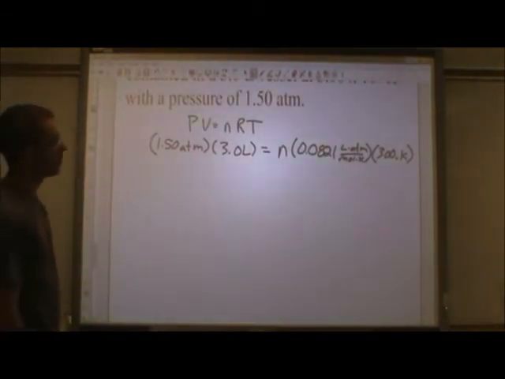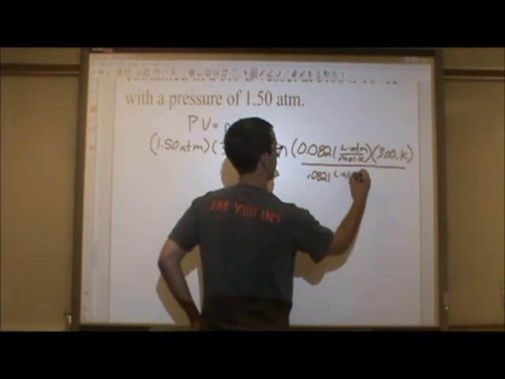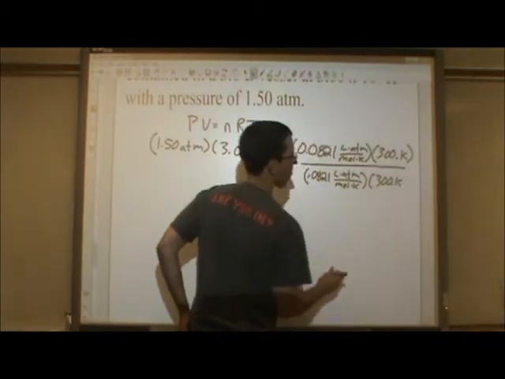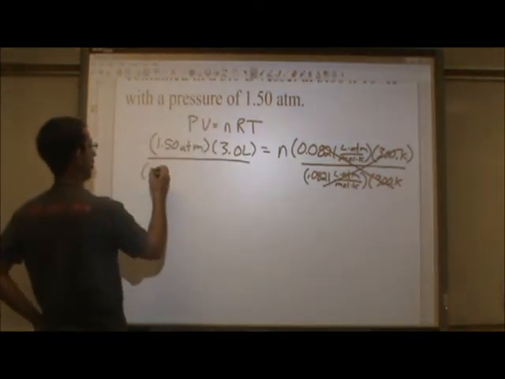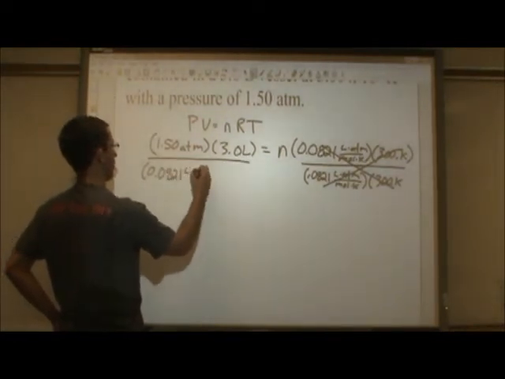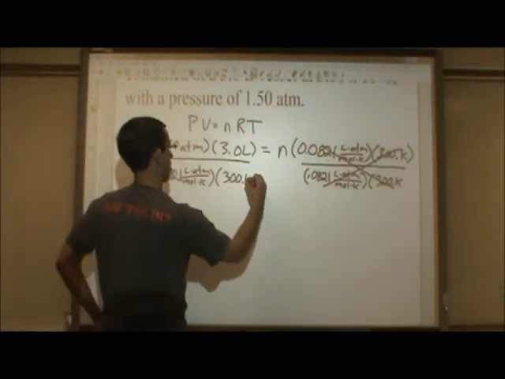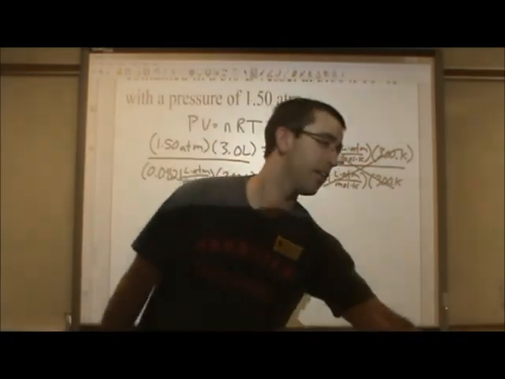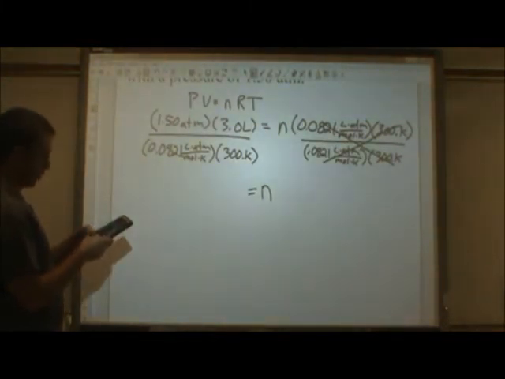Alright, you have to solve for n, so manipulate this equation. If I divide by all of this fun stuff over here, it's going to cancel out, leaving n by itself, so I must do it to the other side as well. n is equal to, we can plug it in our calculators: 1.5 times 3 divided by 0.0821 times 300.